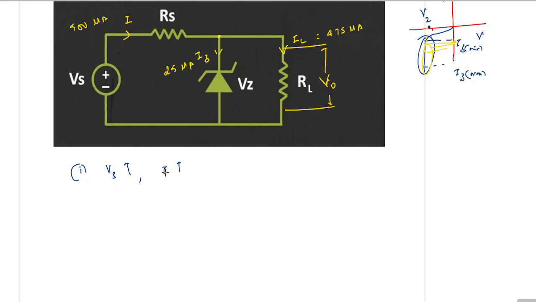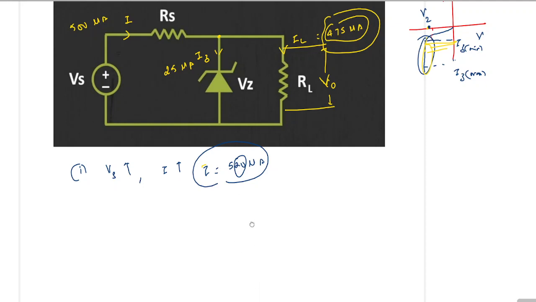Suppose I increases; the current you want across the load should be only 475 microampere, not beyond this. Now suppose I becomes 520 microampere, the current has increased. So an extra current of 20 microampere is entering the circuit.